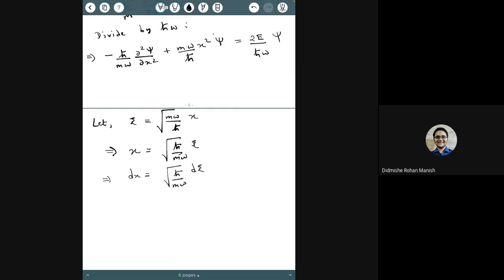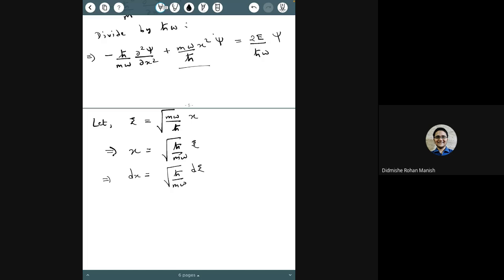It's to remove the constants basically. So from the middle term, I mean that m omega x square by h cross, yes, we are getting from that term. And we divide it by h cross omega to make it sort of dimensionless in a way, because energy and h cross omega have the same units.